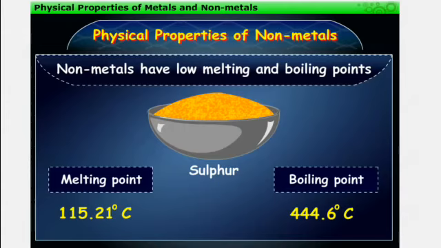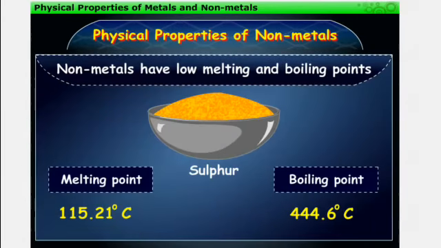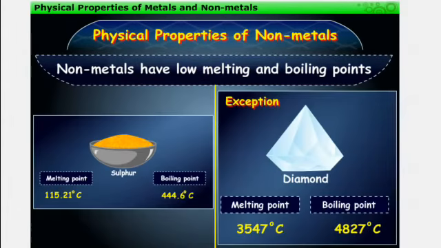An element can be identified as a metal or non-metal by comparing its properties with the general properties of metals and non-metals. In doing so, we find that some elements neither fit with the metals nor with the non-metals. Such elements are called semi-metals or metalloids. Elements are classified into metals, non-metals and metalloids based on their properties.